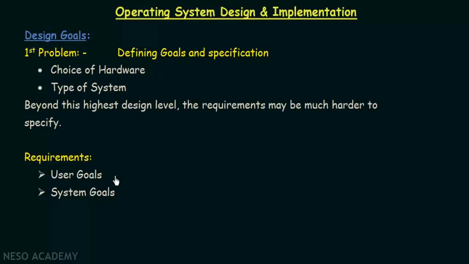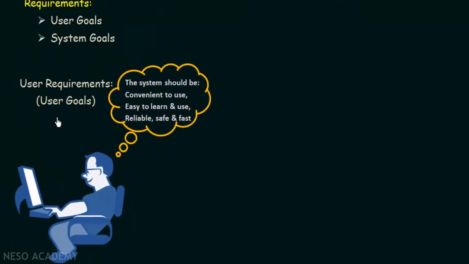User goals are the requirements from the user's perspective or from the user's side. And system goals are the requirements from the system, or from the developers that are developing or designing the system.